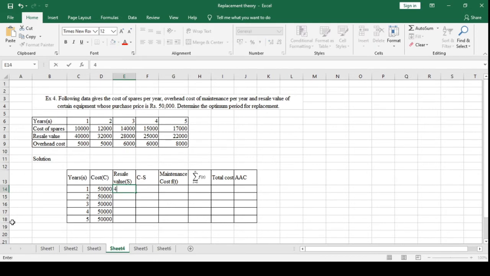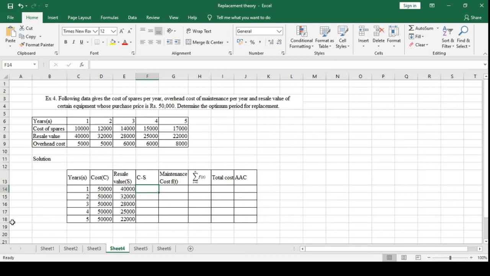So for the first year it is 40,000, for the next year it is 32,000, then 28,000, then 25,000, and in the last year 22,000. Okay, now we need to calculate C minus S, that is cost minus resale value.